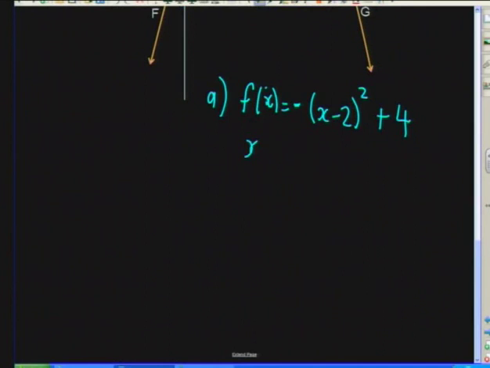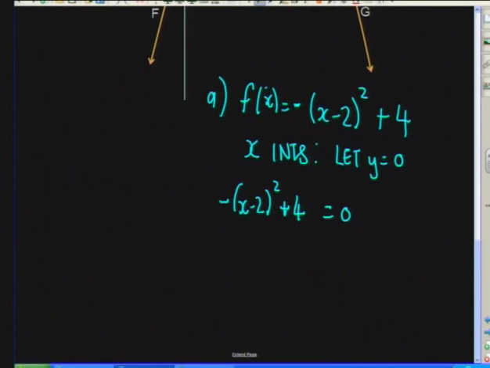To find x-intercepts, remember, we let y be equal to 0. Okay, so we're going to get negative (x minus 2) squared plus 4 is equal to 0. And remember, we solve for x because we want the x-intercept. So we get negative (x minus 2) squared is equal to negative 4.